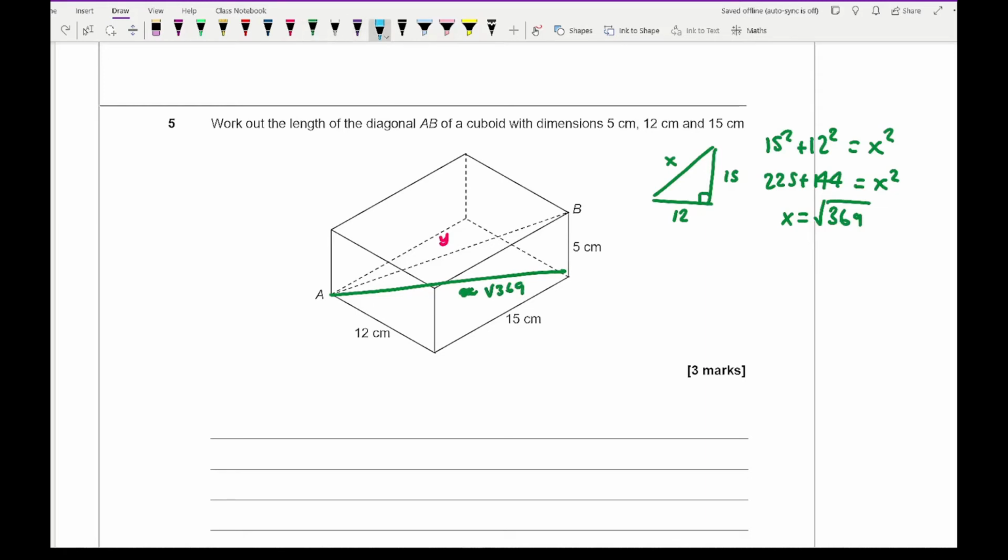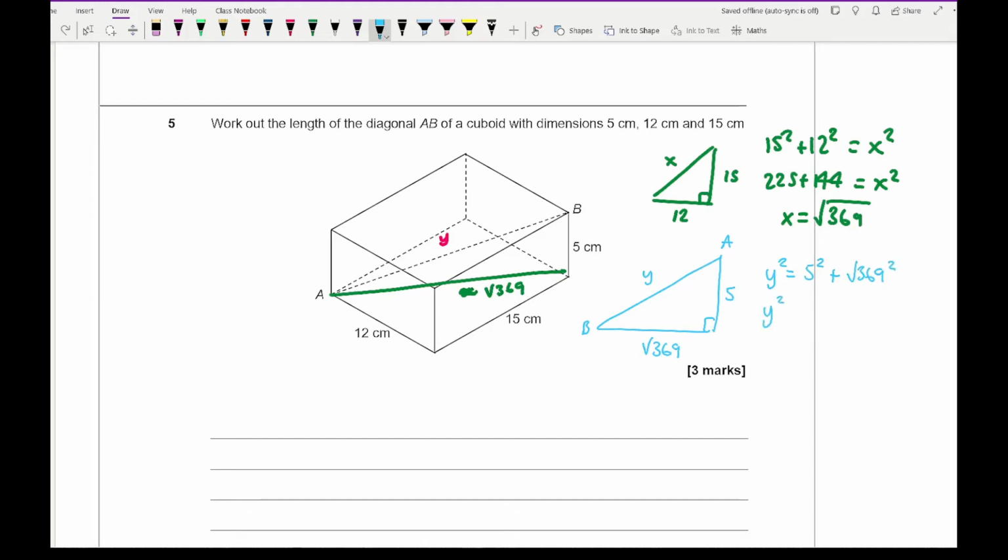Then looking at this next triangle, where I've got A and B, this is Y, which is what I'm trying to find. I know this length here now is root 369, and this length here is 5. So I'm using Pythagoras again. I get y squared equals 5 squared plus root 369 squared.